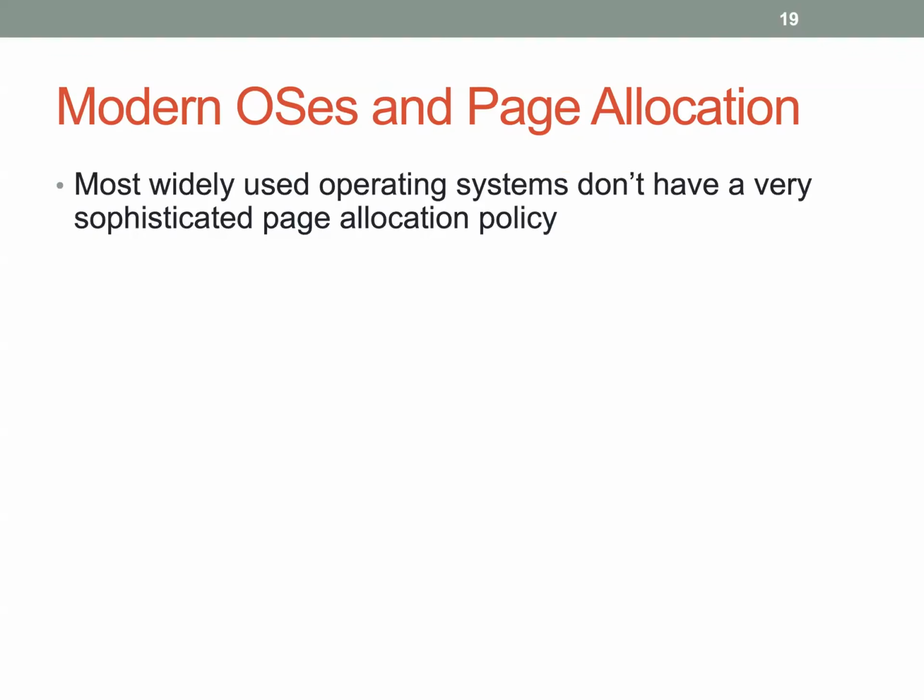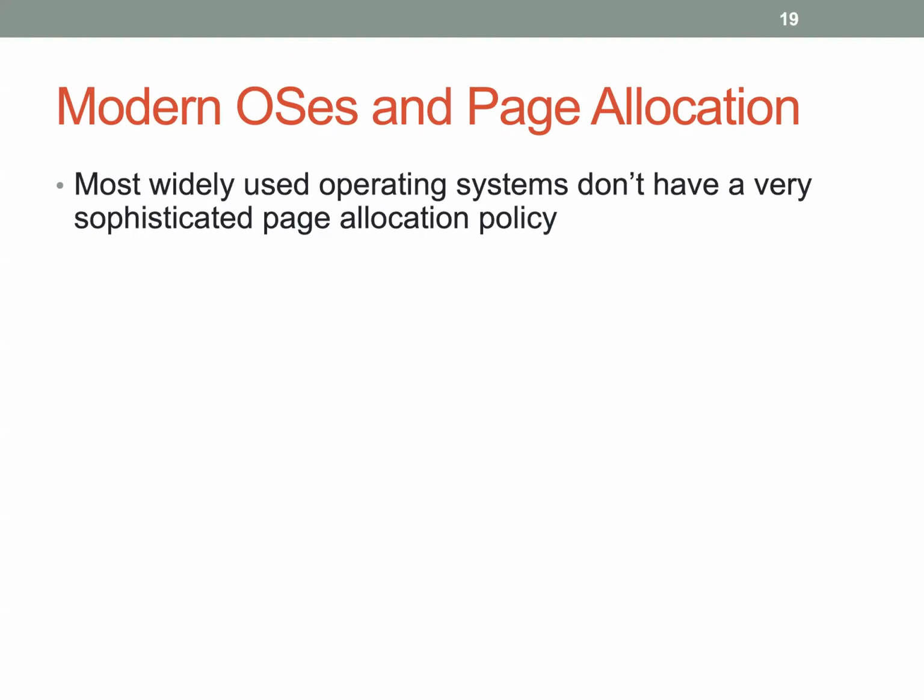Most operating systems keep things pretty simple when it comes to page allocation. They focus most of their effort on the page eviction policy, and they use this beautiful thing, the page buffer. Remember, the page buffer can have clean pages and dirty pages, but these are pages that are candidates for eviction, not actually evicted.